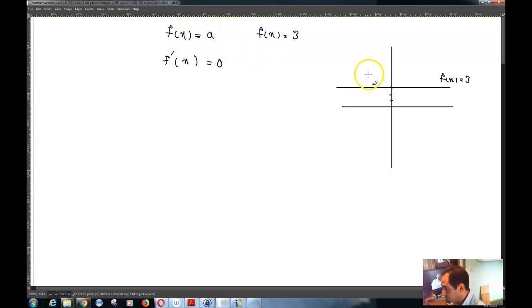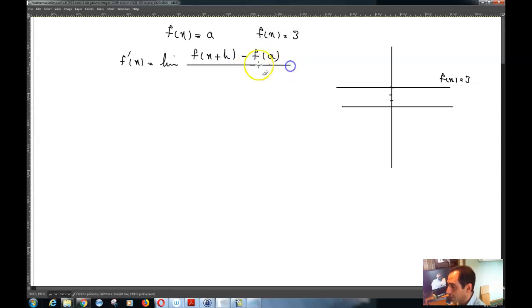So now, in order to calculate that using the definition, we know that f of x is equal to a, and we said that f prime of x is equal to the limit of f of x plus h minus f of x over h as h tends to 0.